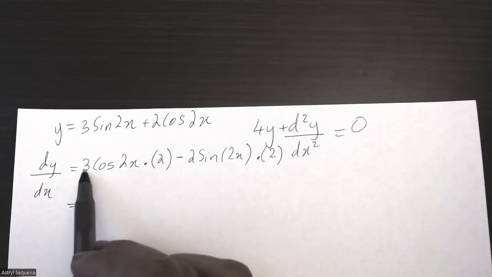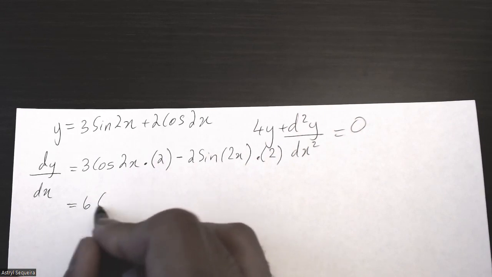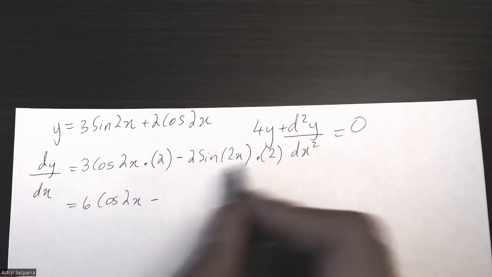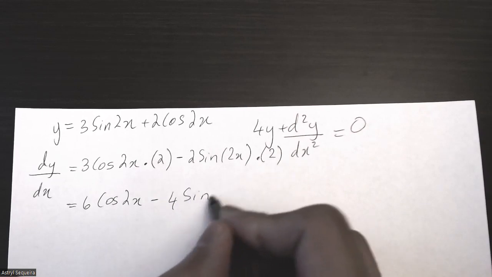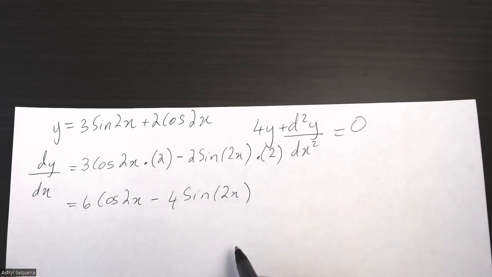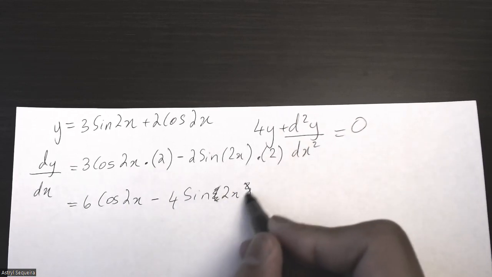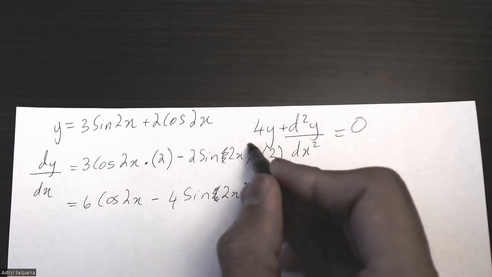I can simplify this a bit. 3 times 2 is 6, so I have 6 cos 2x minus 2 times 2 is 4 sine 2x. I guess I don't need a bracket over here.